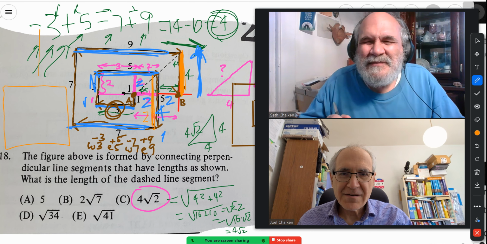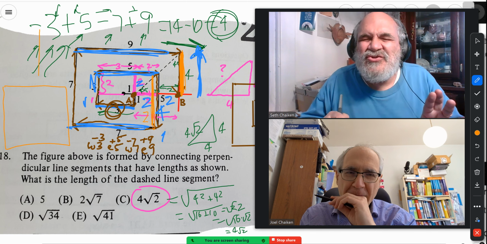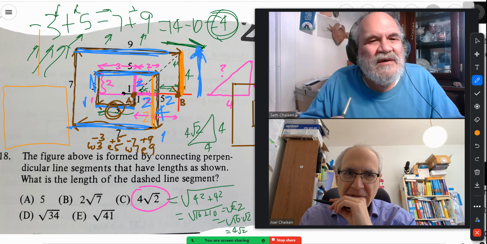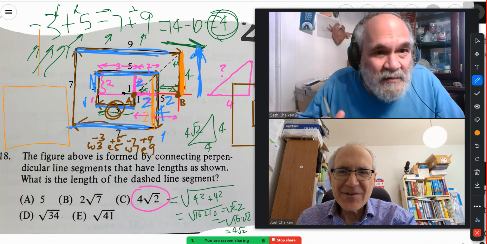Of course you can, Seth. Look. No. You cannot deduce that without assuming that the dashed line was 45 degrees. No, of course you can. Of course you cannot figure out the 4. Seth, watch. No. Okay, follow me.